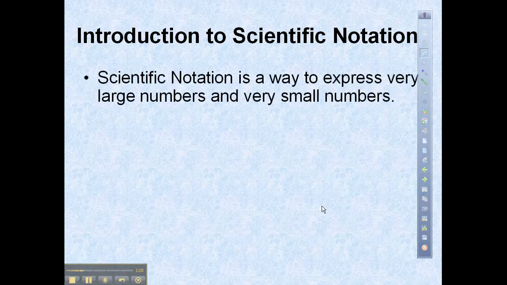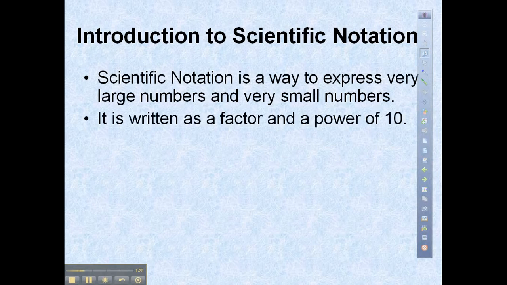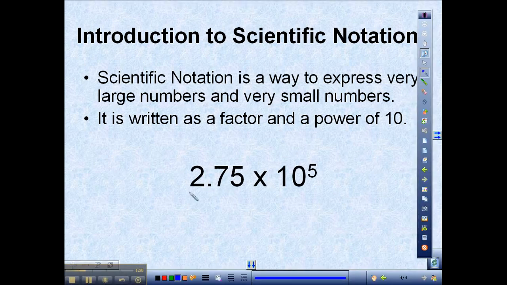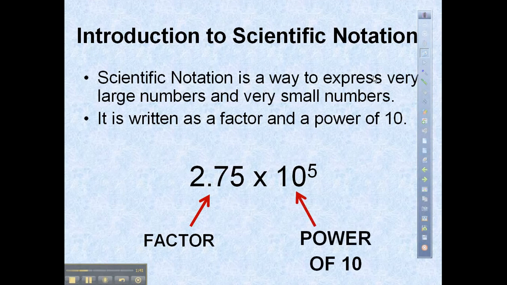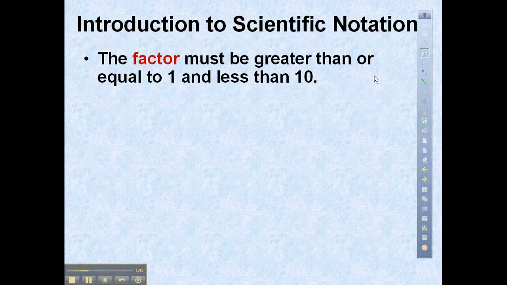Okay? Scientific notation is a way to express very large and very small numbers. It is written as a factor and a power of 10. I'm calling this part right here your factor, and this piece right here is your power of 10. Okay? The rule is, we all got to play by the rules.